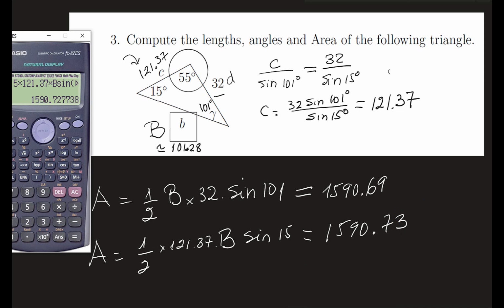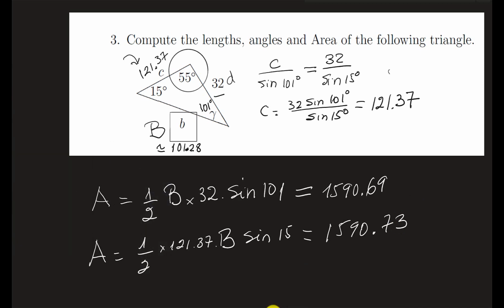Remember, the reason for the difference is this number is exactly 32. This number is the best approximation to the measure B, which is stored in the calculator.